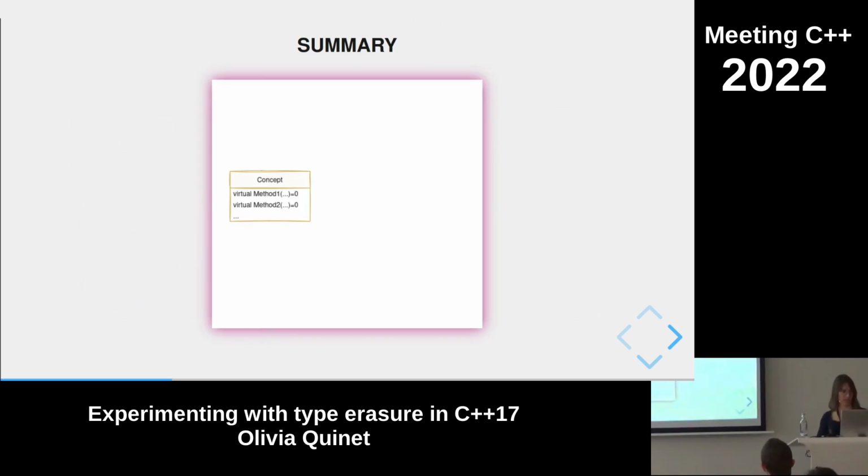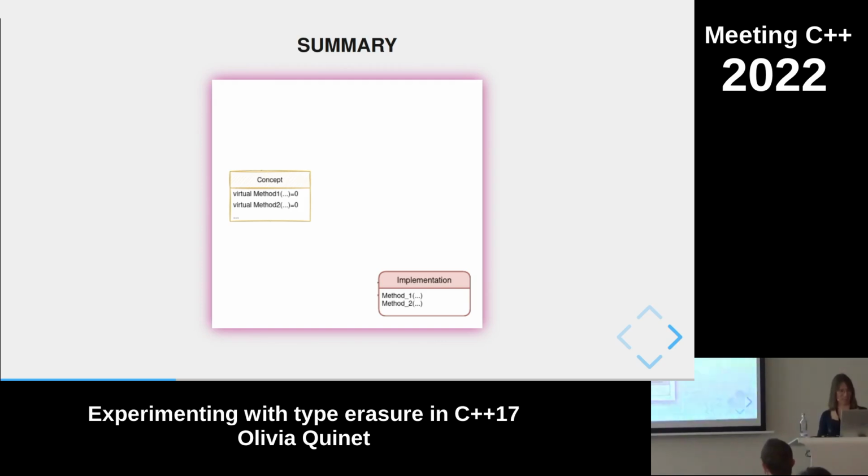So in summary, for example, you have a concept with several methods, and you want to link it to a particular implementation with maybe not exactly the same method names. That's why I introduce an underscore between method and one.